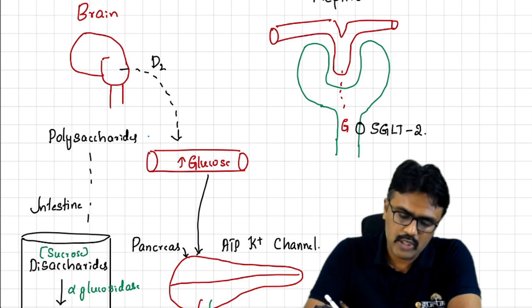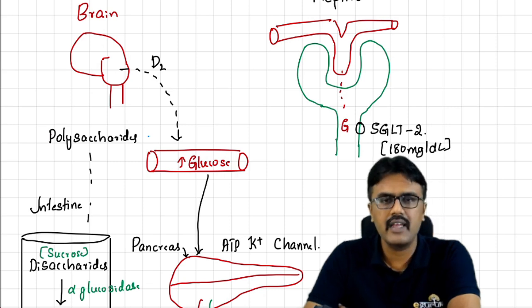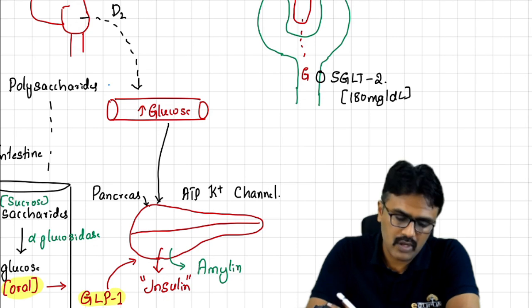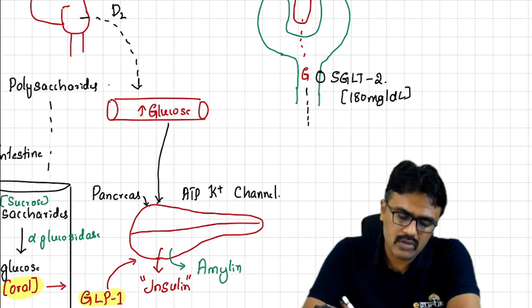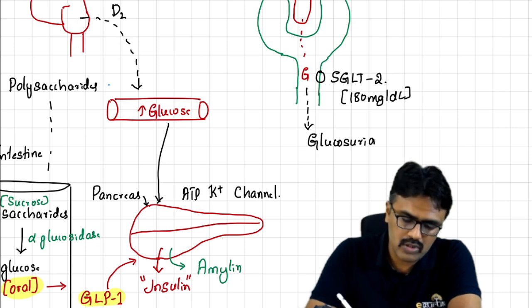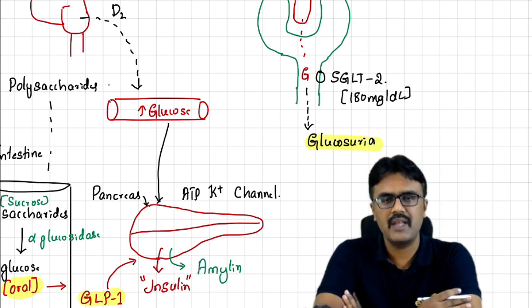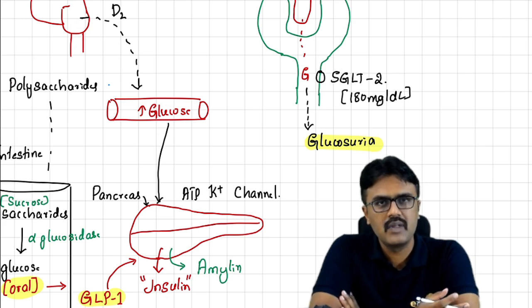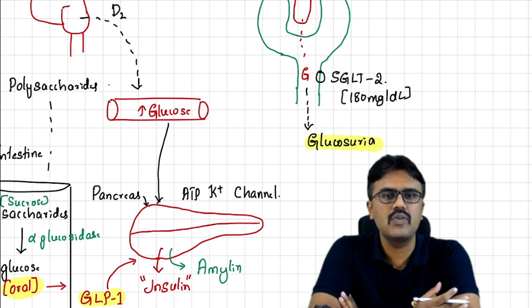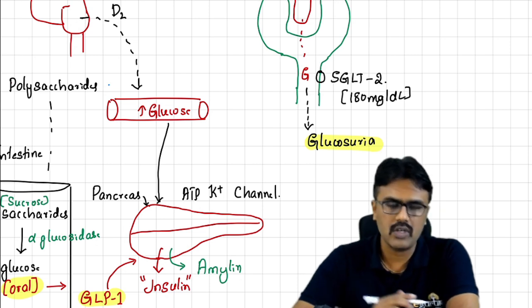The threshold for this is up to 180 milligram per deciliter. If the sugar is up to this much, it will get reabsorbed. But if the glucose value in the person is more than that, then the glucose goes out in urine. We call it glucosuria. You can diagnose this glucosuria by doing a urine test, and that's why it is called madhumeha. Madhu means sweetness, meha means urine, because glucose goes out in the urine.